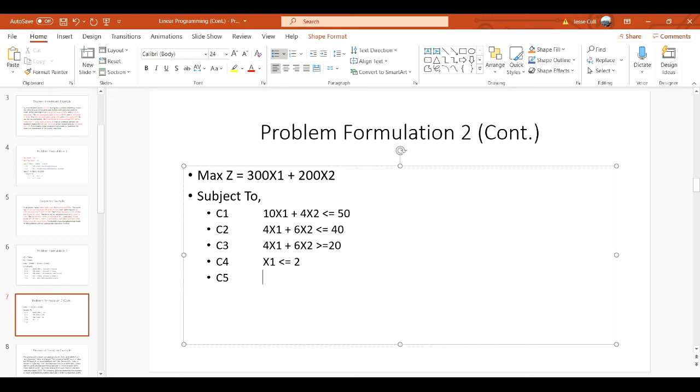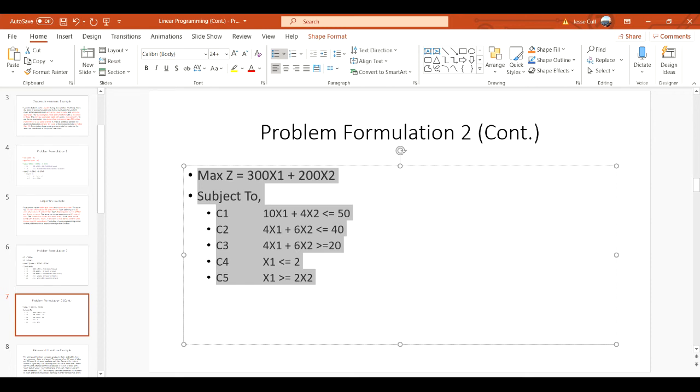And finally, our fifth constraint, x1 tables must be greater than or equal to 2x2. So what we've done is we've completed the problem formulation in the correct format. This is the acceptable answer. Hopefully there are no questions.